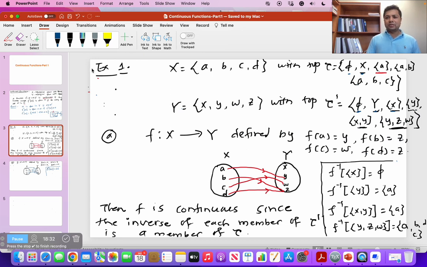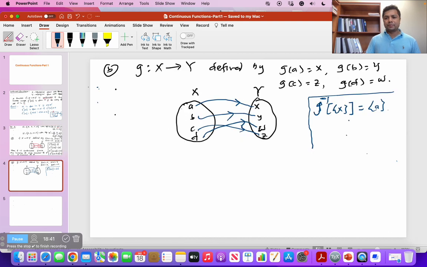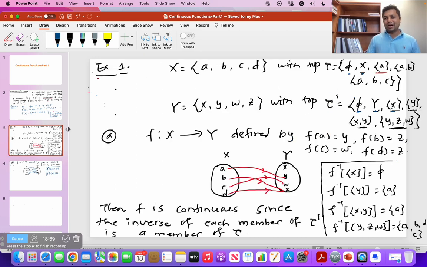Now let's take a look at the inverse image of the other element of tau prime, which is the singleton set y. You can see from this diagram, the inverse image of y is the singleton set b. Okay, let's see whether this singleton set is in tau or not.